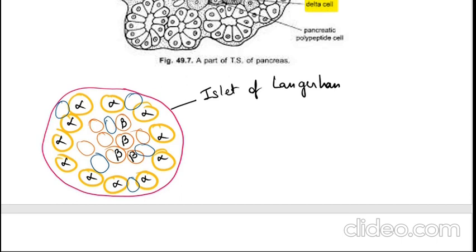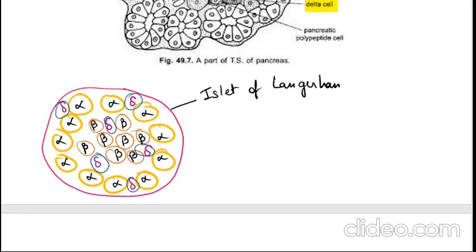Why? Because the beta cell produces insulin, and insulin is a very, very important hormone, so it's present on the inside. And the last type is the delta type. The delta cells are spread out; they can be found inside, outside, wherever.